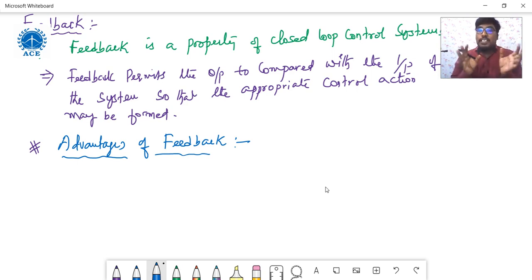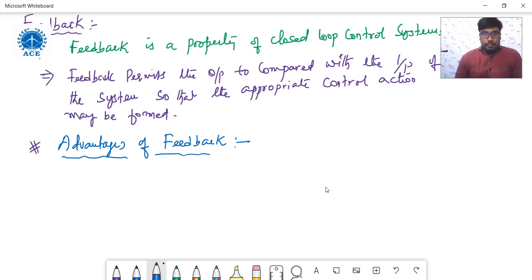If we do not design this feedback properly, then automatically these become disadvantages again, right? So the condition is that proper design must be taken. If the system is more stable, it means the feedback is perfectly designed. If the system goes to instability, then it is nothing but the feedback is not designed properly. We need to design it again, right?